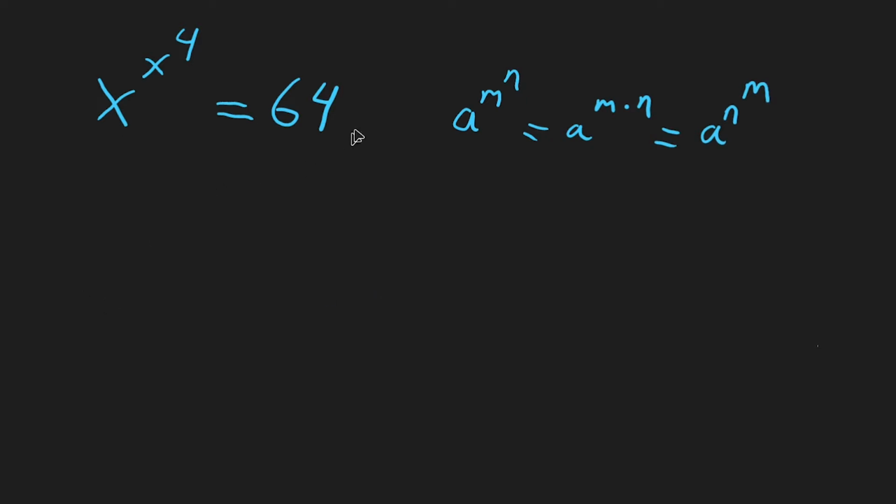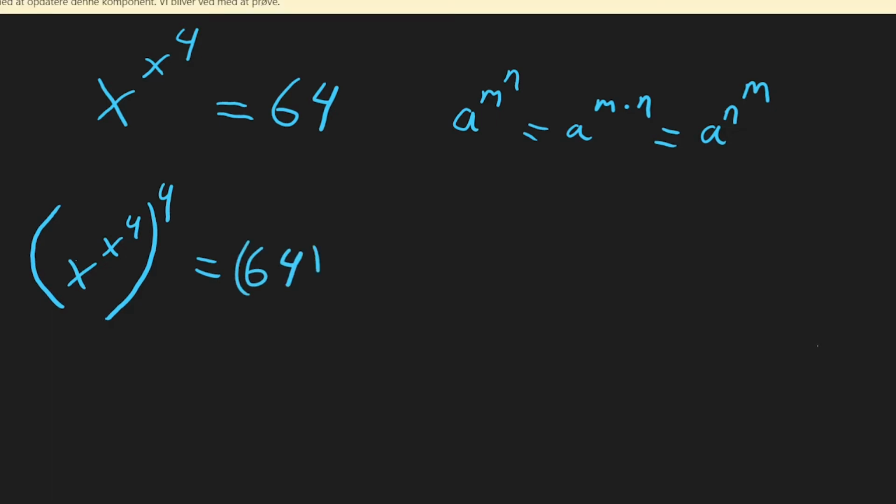But first, let's look at this equation. We will start by using a little trick, and we will see that there's a fourth power up here. To make this a bit smarter, we will raise all of it to the power of four, so x to the power x, to the power four, and we need to do that on both sides of the equation.